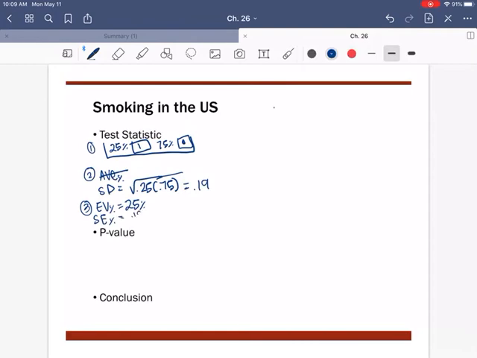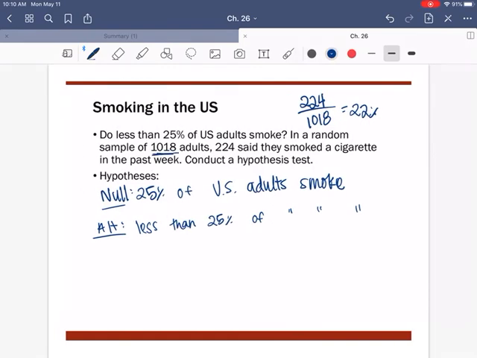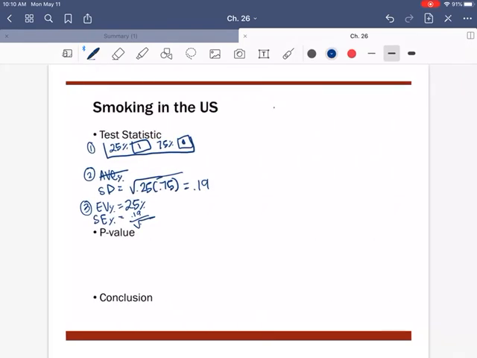Step 3, the expected value percent. Well, we'd expect 25% because that's the number it gave us. SE percent is 0.19 divided by the square root of the number of people sampled, times 100%.